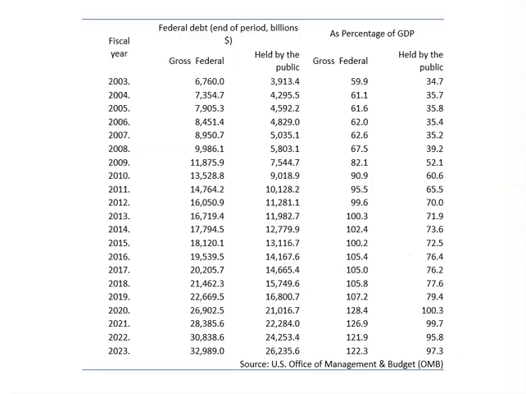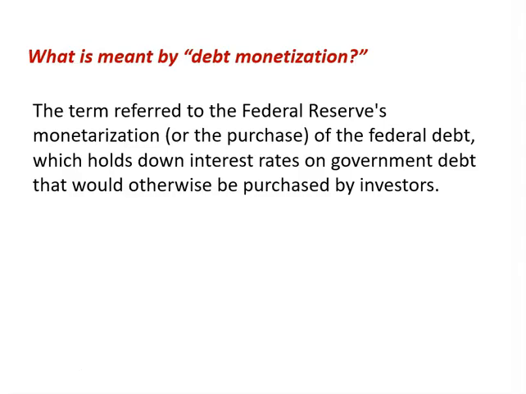This table shows the gross federal debt along with its share of U.S. GDP. Note that since fiscal year 2013 the gross share of debt to GDP has exceeded 100%. With the Federal Reserve owning so much U.S. federal debt, the next question that is related is, what is meant by debt monetization?